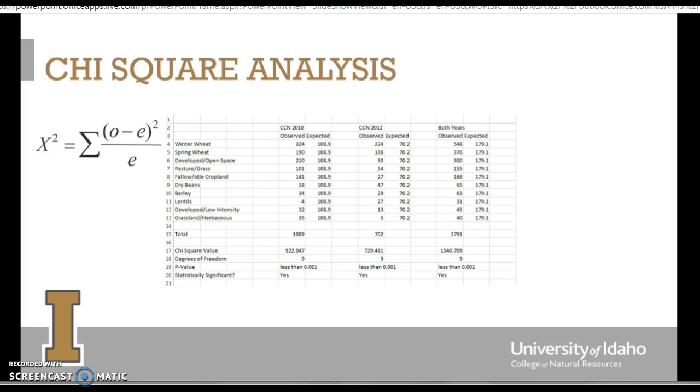For the first chi-square analysis, my expected values were simply this: I added up all 10 crop types, and that's where the total comes from, and then I divided it by 10 to get my expected value. As you can see, my chi-square values were extremely high, and with 9 degrees of freedom, I had a very, very low p-value, less than 0.001, so that's most certainly statistically significant.